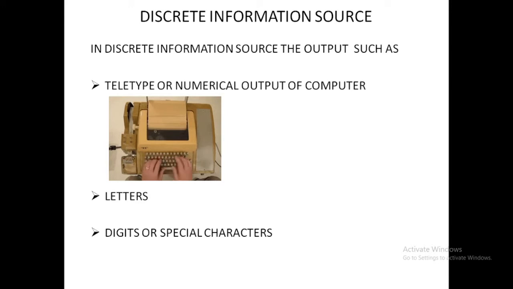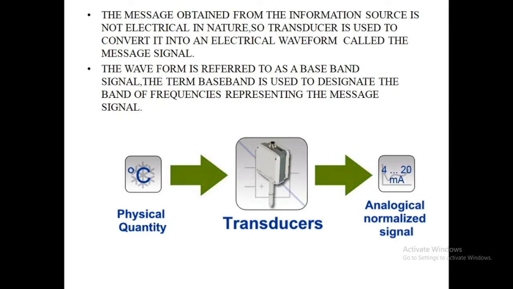Next, discrete information sources. In a discrete information source, the output such as teletype, numerical output of a computer, letters, digits or special characters may be used. The message obtained from an information source is not electrical in nature, so equipment is needed to convert one form to another form.